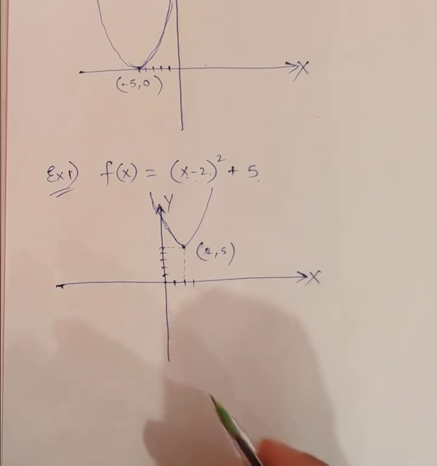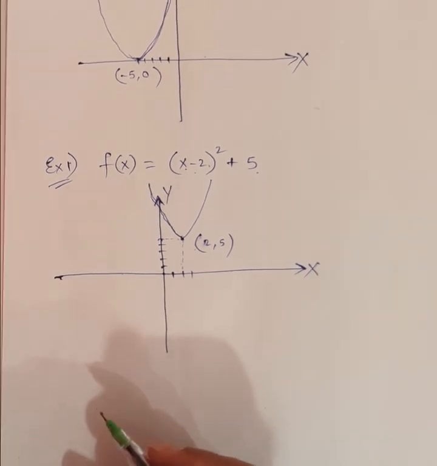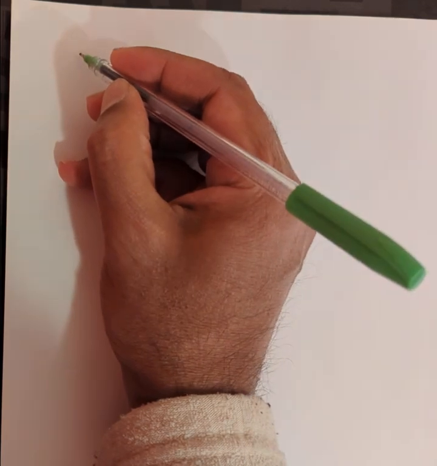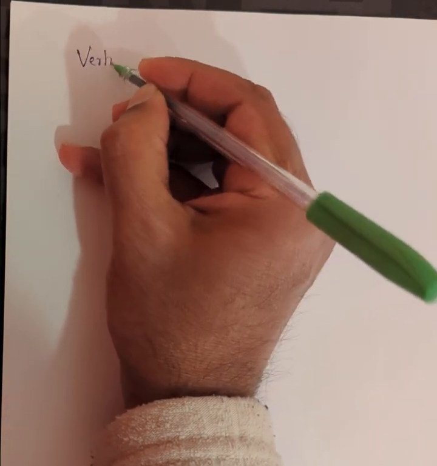Now there are actually two other transformations. Let's use a fresh sheet of paper. This would be called vertical stretch.